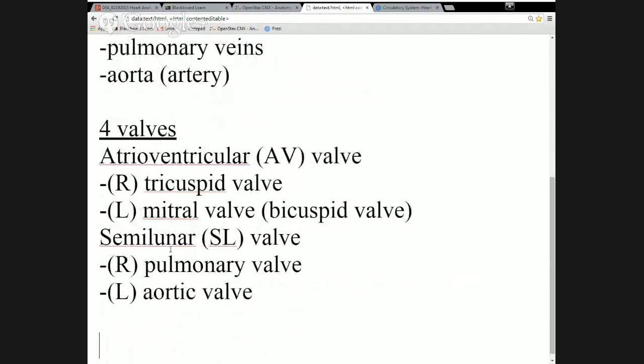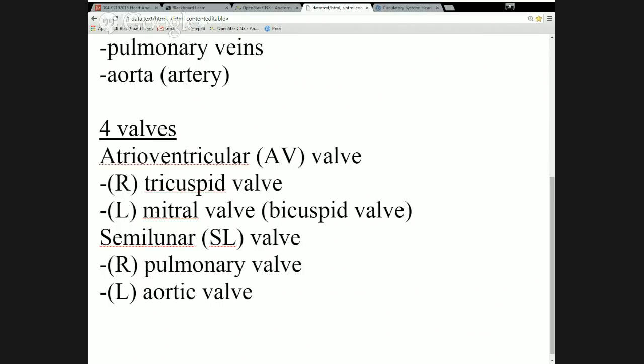Down here, I don't quite do it that way because I have the right and left of the atrioventricular and the right and left of the semilunar. If I were to rearrange this to match what we have up above, the tricuspid valve is between the right atrium and the right ventricle. The pulmonary valve is between the right ventricle and the pulmonary trunk.